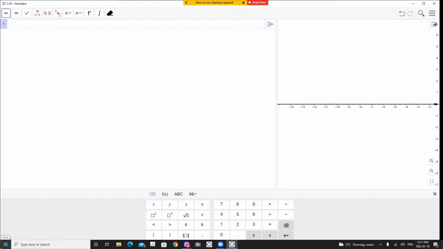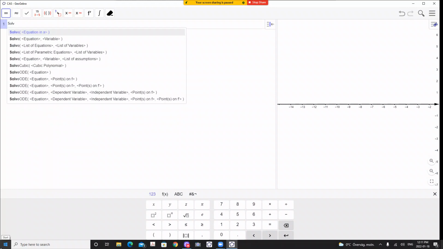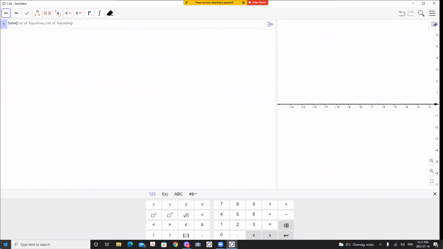Solve list of equations. I don't think it can solve it like that, but let us test. X minus 2. Oh, you cannot see it, yes? I am just typing it.